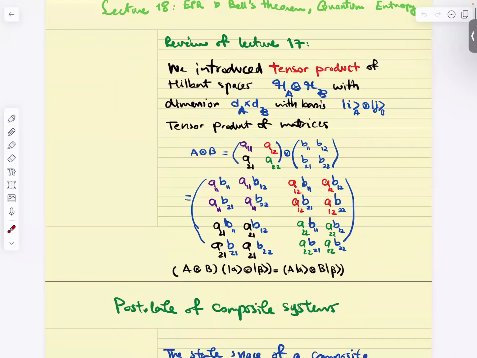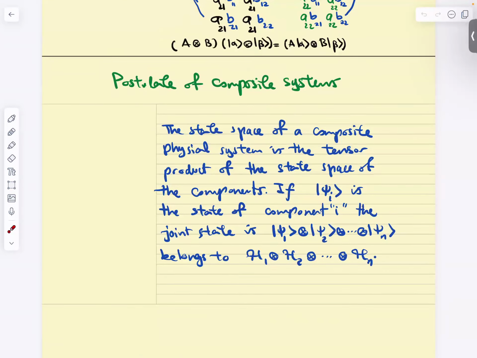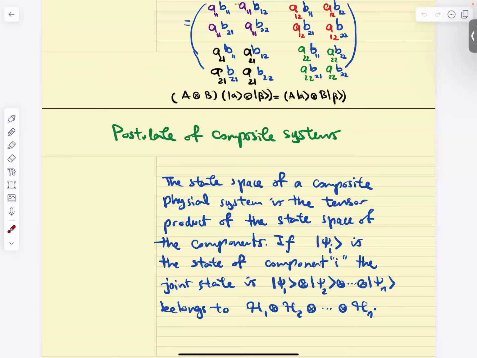All right, good. So what is the postulate? It's the postulate of composite systems. It says the state space of a composite physical system is the tensor product of the Hilbert spaces of the constituents. Any questions about the postulate?